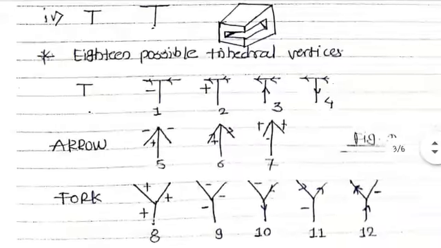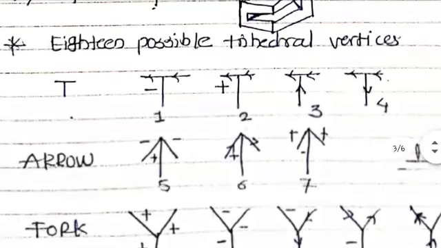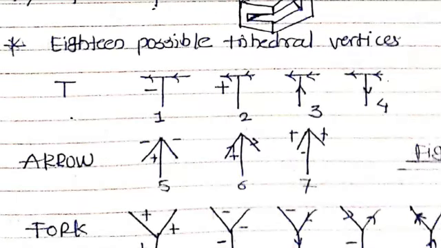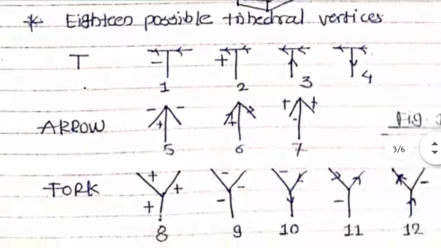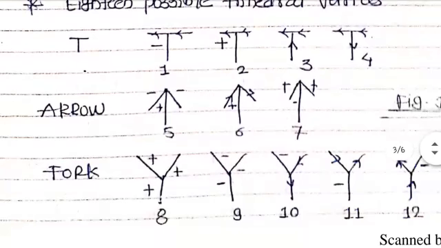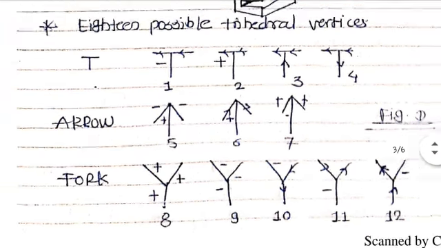First we will see the T, the second is a convex edge, then 3, 4th. For arrow, convex and concave edge, 5th, 6th number convex edge. For 7, convex and concave edge.